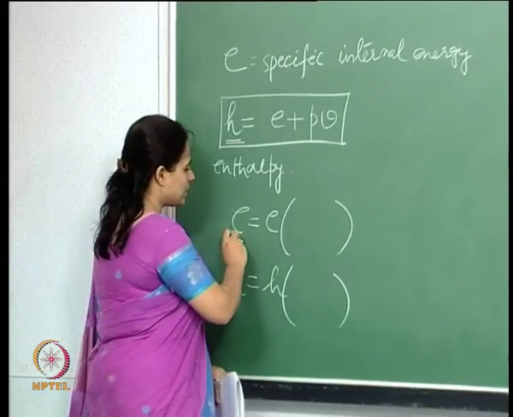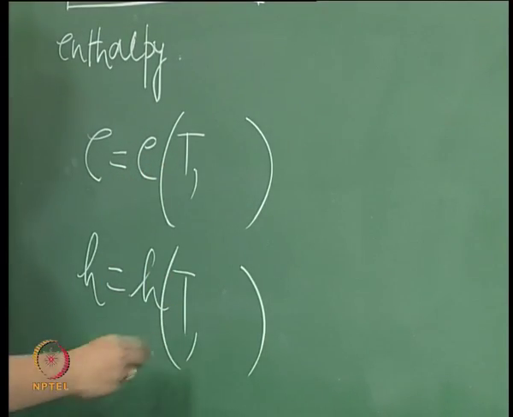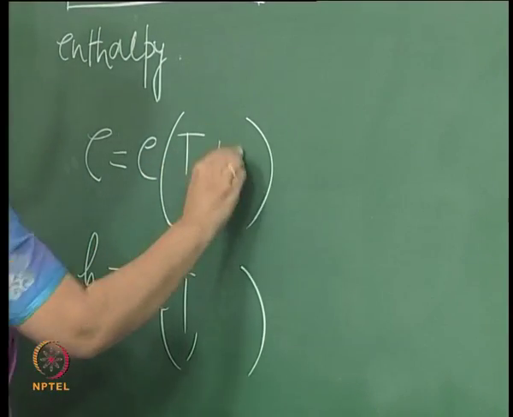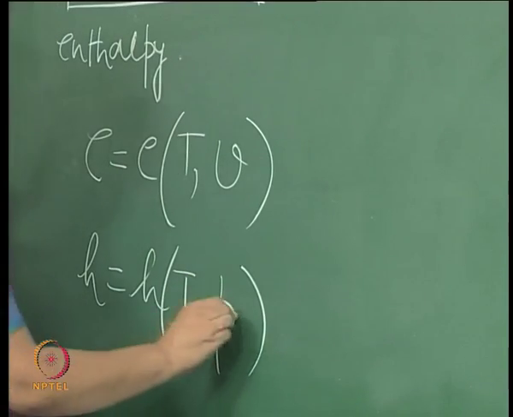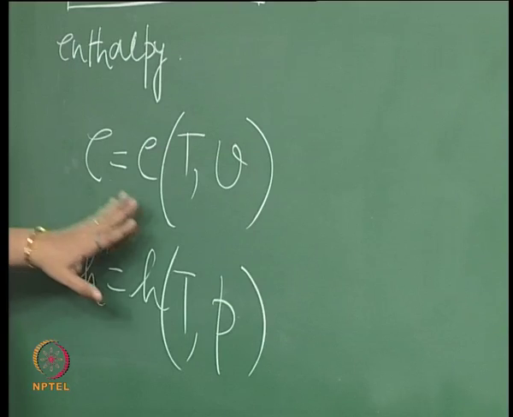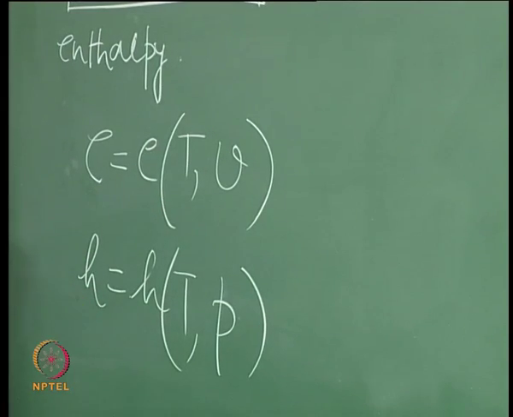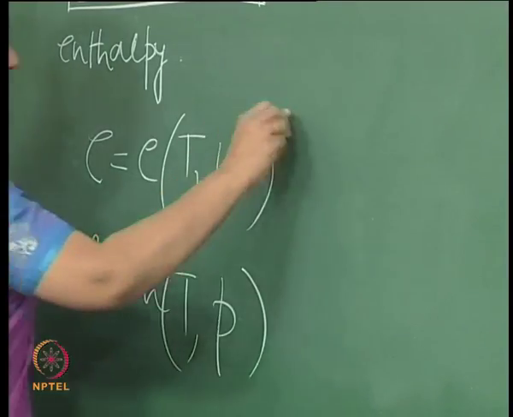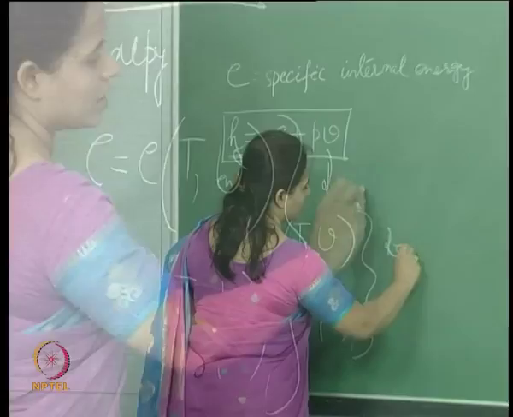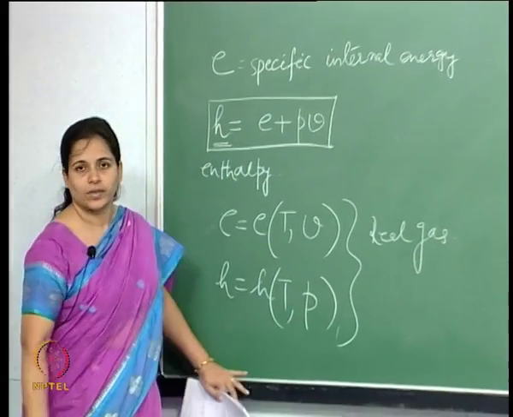For a perfect gas, the internal energy depends on temperature, and the enthalpy also depends on temperature. For a real gas, the internal energy depends on the volume and temperature, and the enthalpy depends on the temperature and pressure of the fluid. So, these relationships are essentially for a real gas.